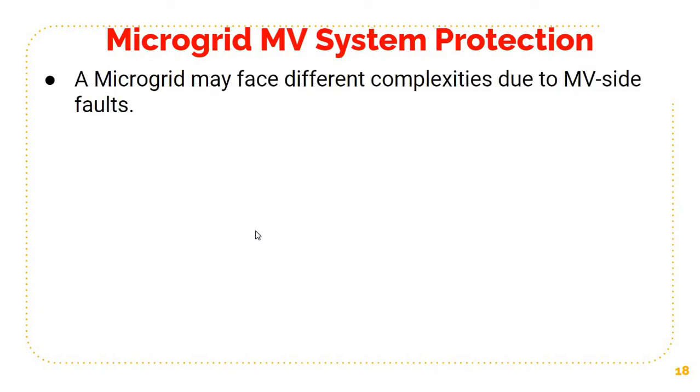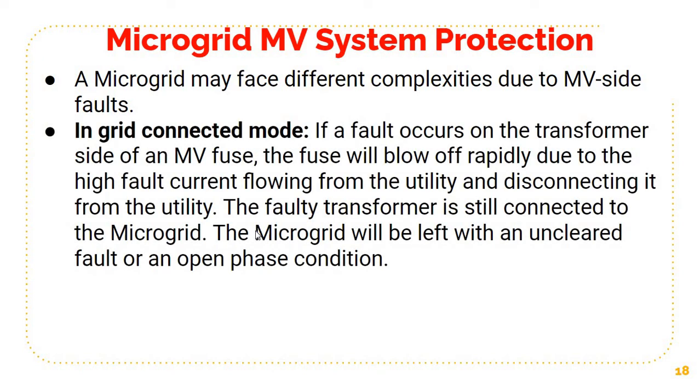Now, a microgrid may face different complexities due to medium voltage side faults, which we will see in grid connected mode. If a fault occurs on the transformer side of an MV fuse, the fuse will blow off rapidly due to the high fault current flowing from the utility, disconnecting it from the utility.